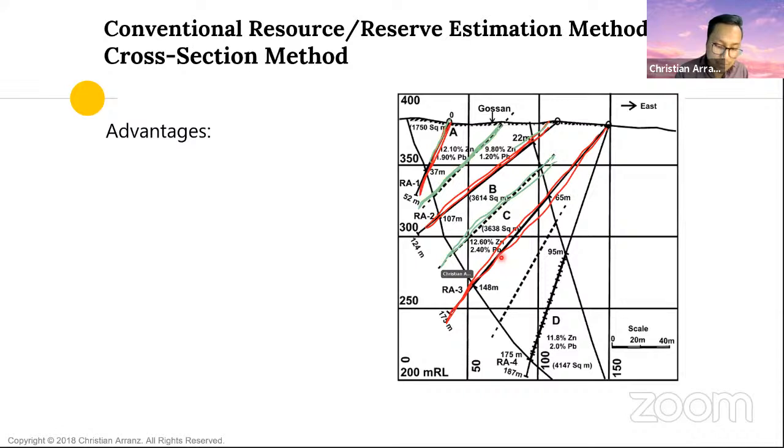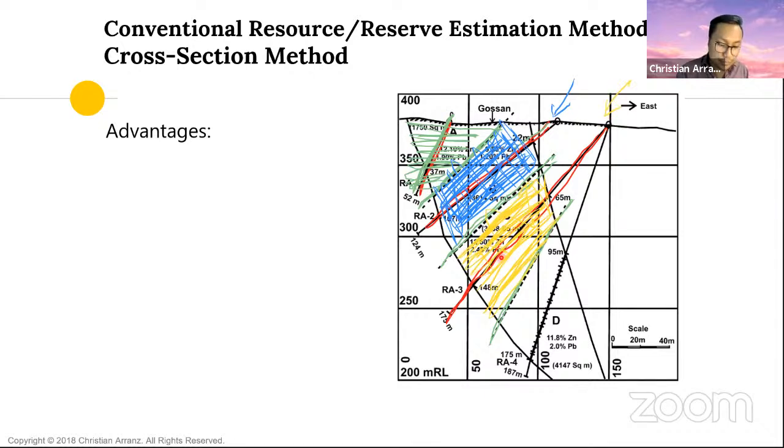So, ibig sabihin, dito sa first section, ito yung represented nung grade na to. Dito naman sa susunod, I'll change the color. The blue part is represented, the grade could be estimated to be the value of the grade of this drill hole. And ganon, I hope you get the idea. Ito namang section na to, na yellow, ang grade daw dito ay nire-represent nitong drill hole na yan.